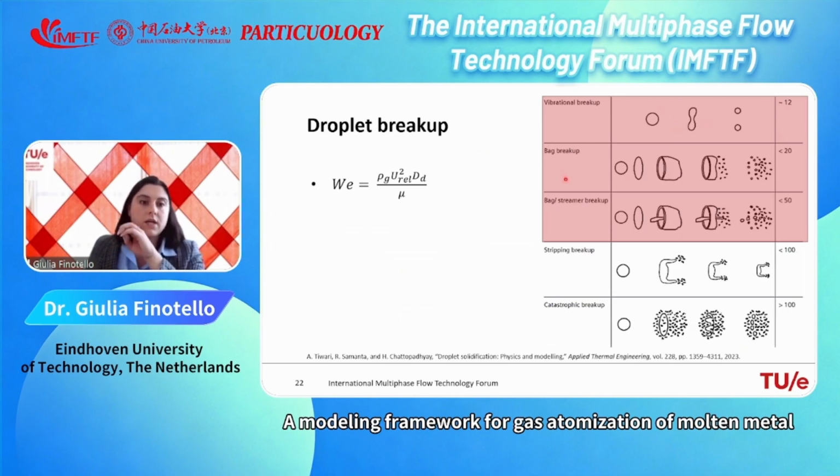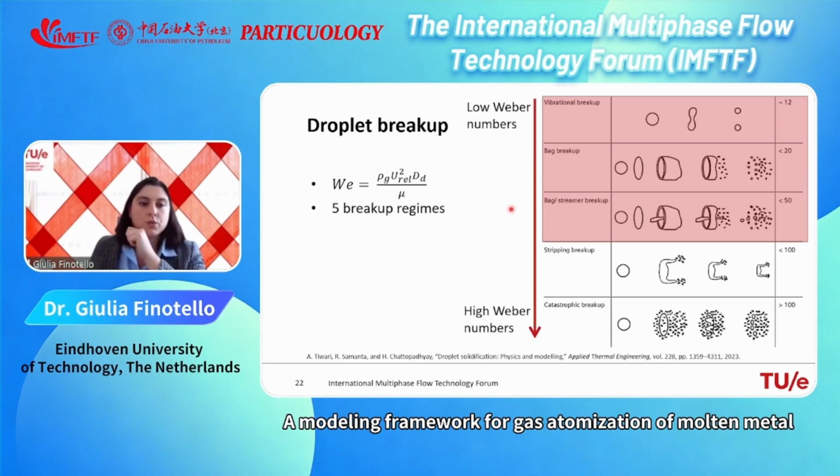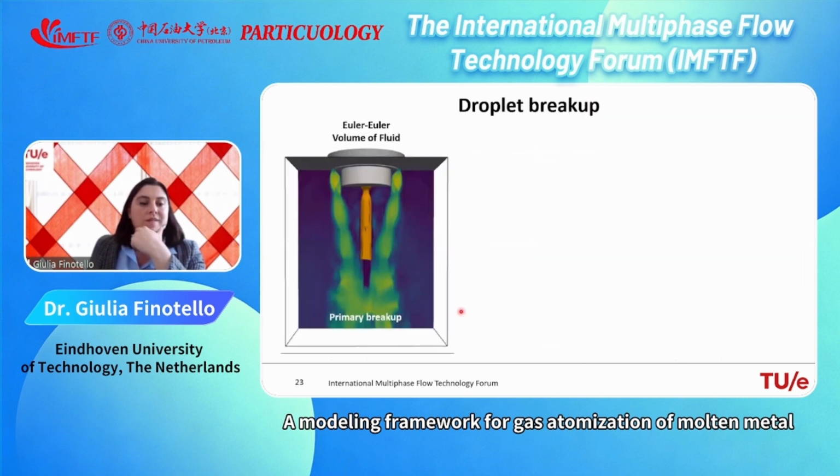We stay in bag and streamer breakup. So we really go from low Weber number to high Weber number. However, for primary breakup, we were able to use the volume of fluid method within an Eulerian framework.